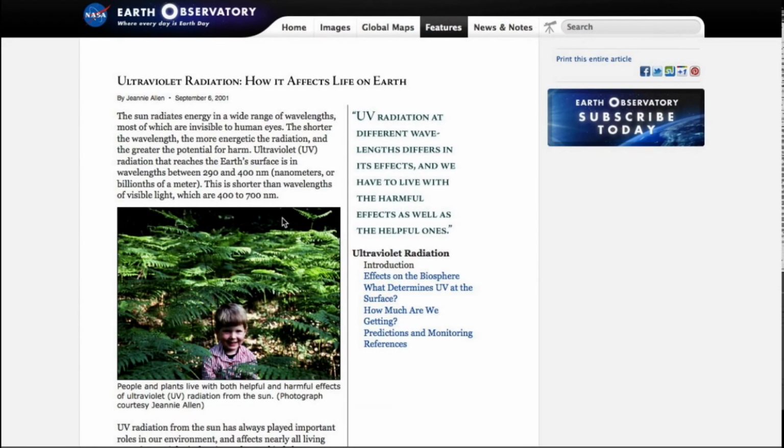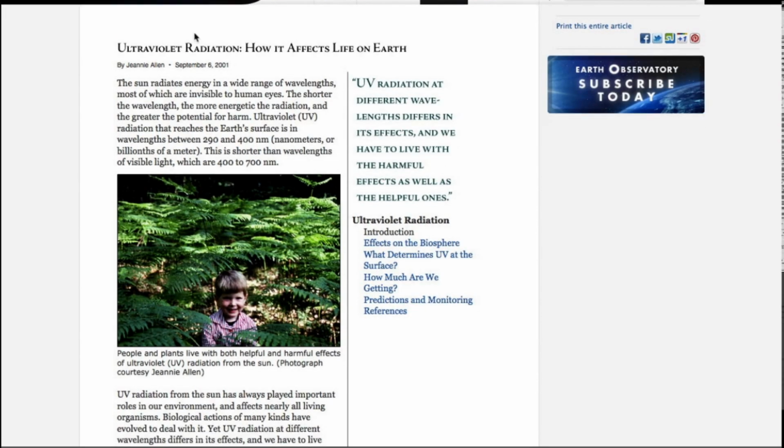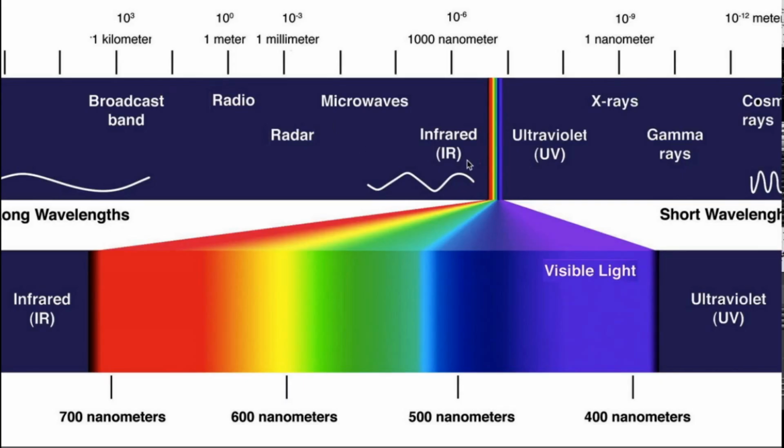So just let us recap the basics about ultraviolet radiation, how it affects life on Earth and so forth. This is from NASA. So here's the light spectrum, and strangely, in this end we actually have sound up here.